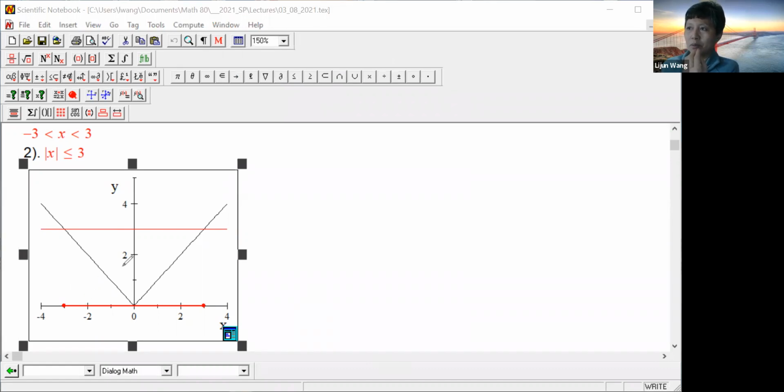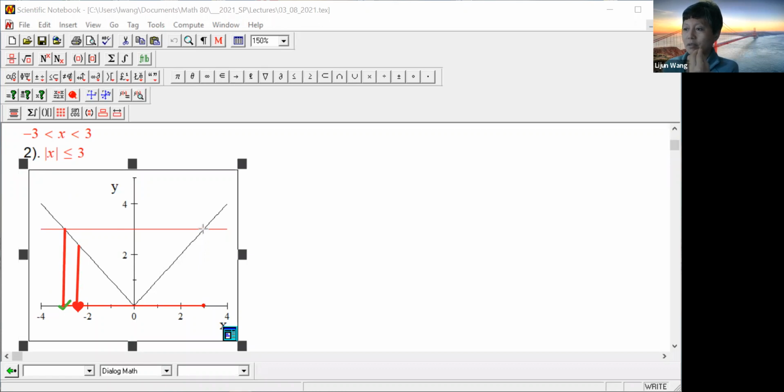So for this input, the output is less than or equal to 3. It could be equal. And -3 will also be an answer. If it's -3, then the output would be precisely this height, 3 exactly.